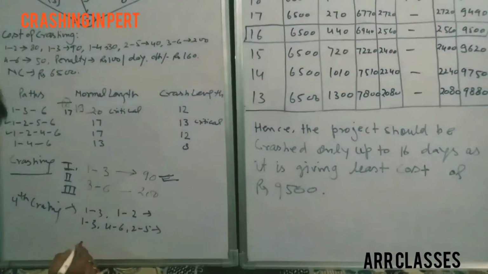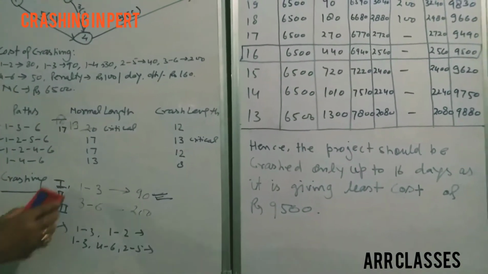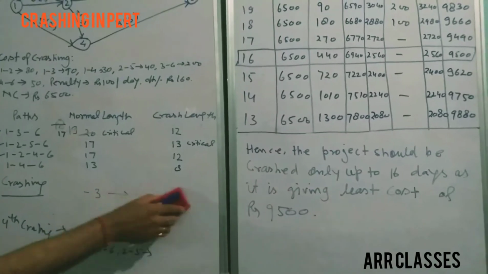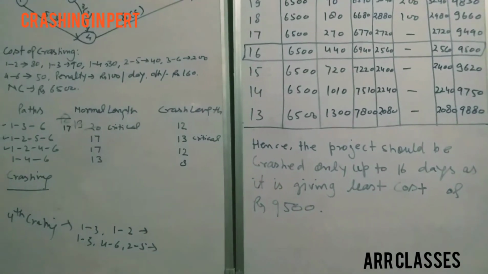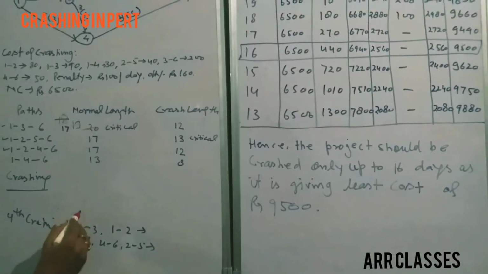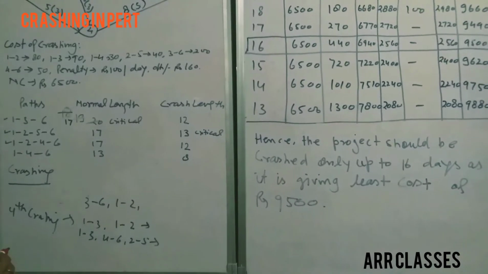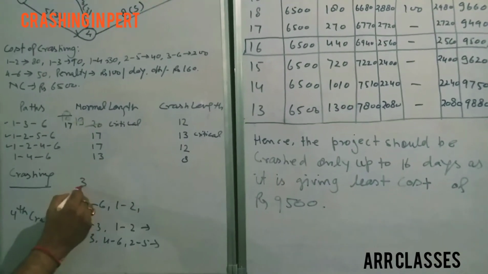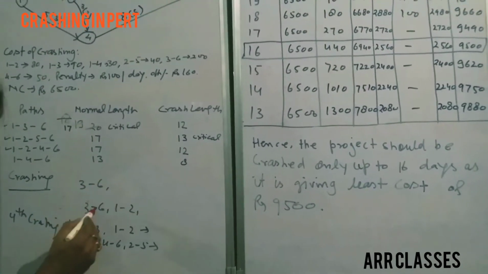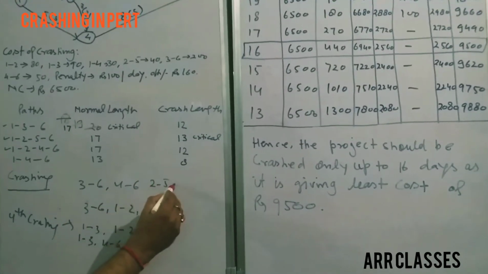Another combination here is 3 to 6, 1 to 2, and 3 to 6, 4 to 6 and 2 to 5.